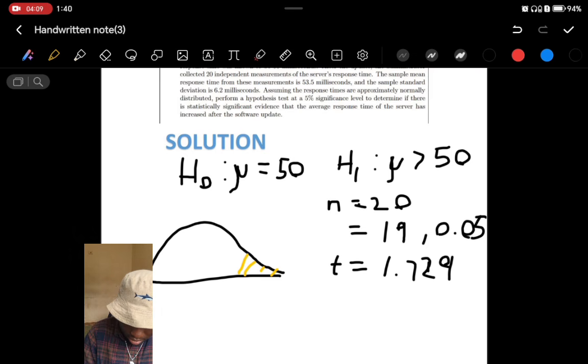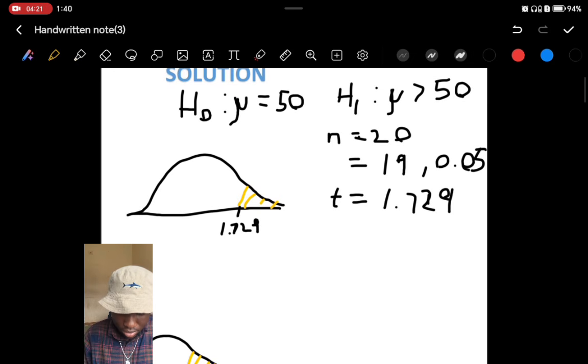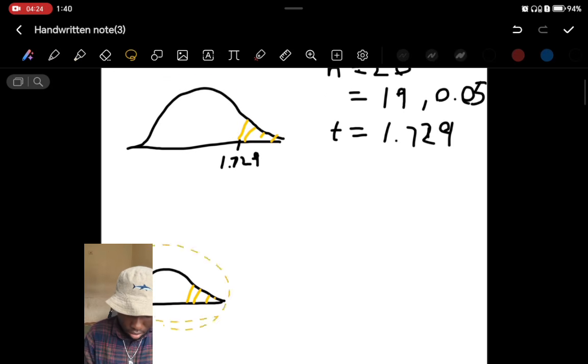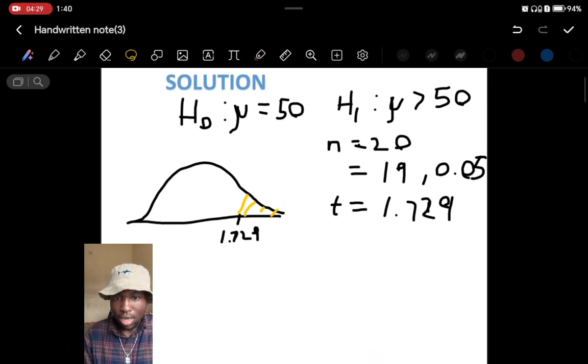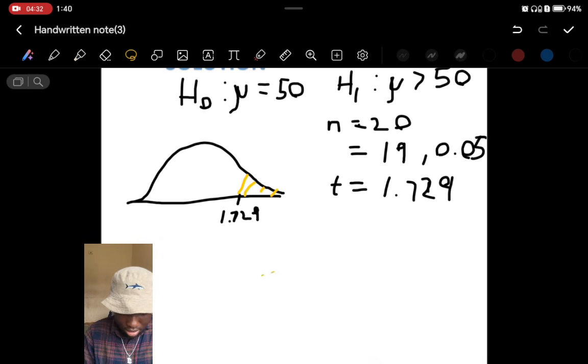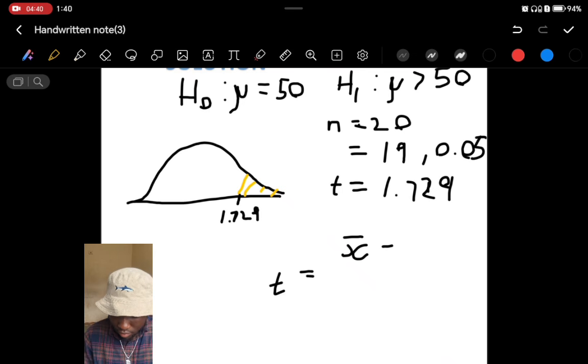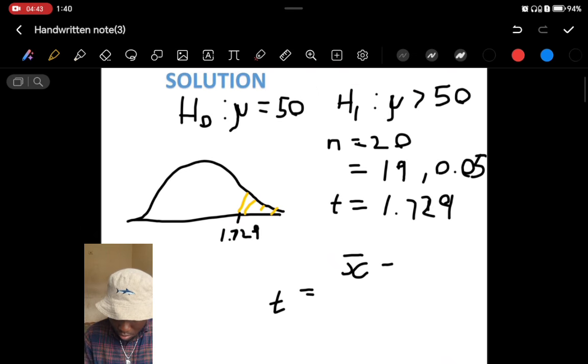So we are saying the critical value is 1.729. But we still need to calculate our t statistic. The calculated t statistic is given as the calculated mean minus the mean under the null hypothesis, mu naught, over the standard deviation over the square root of n.